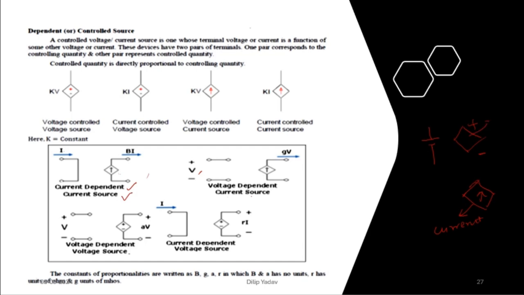This is the dependent voltage source. In this, the direction shows the current, that is the current source. Then we have the voltage dependent voltage source, and then the current dependent voltage source. So these are the four conditions that we have.